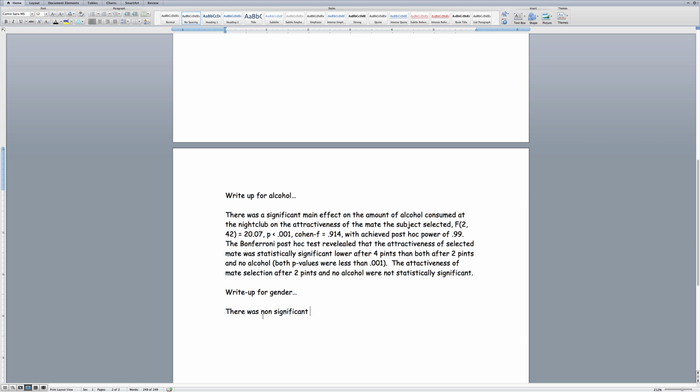There was a non-significant difference for the main effect of gender on the attractiveness of the mate selected.